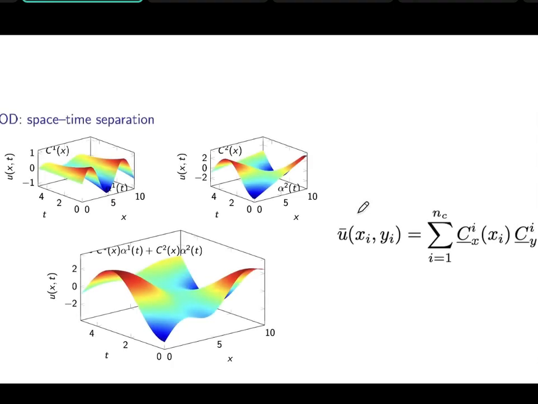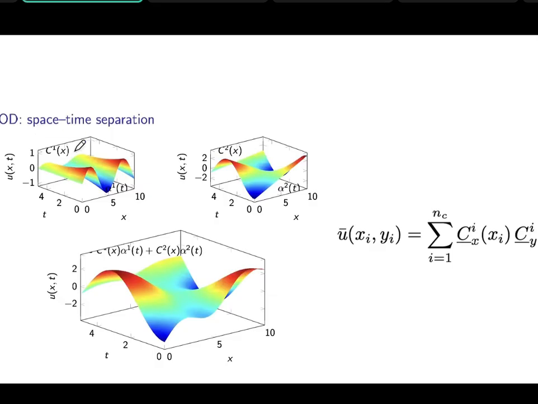And now I'm going to introduce to you in a different way what we talked about just now about the POD. So what is this POD? We are trying, in that case, to separate space and time.